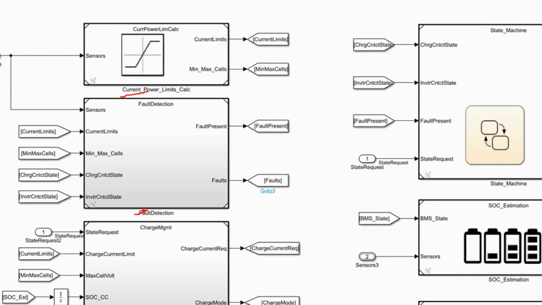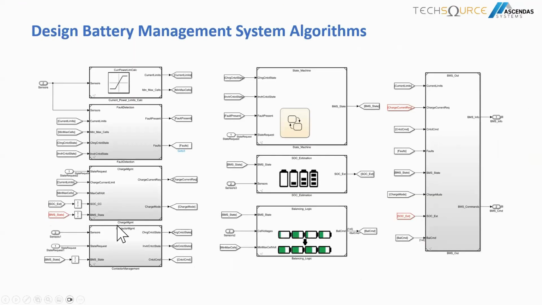For example, in this example that we are showing, there is fault detection and charge management. You also have a state machine, which drives the state of the BMS. In this case, you are in a standby state, a charging state, or a discharging state where maybe you are driving, or this one is implemented in the grid.